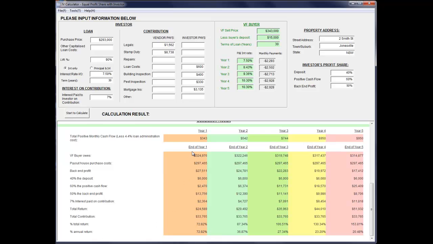You can see if they paid out at the end of year 1, the total annual return for the investor would be 72.82%. Highly unlikely that they're going to refinance at the end of year 1. More likely somewhere between the end of year 3 to maybe the end of year 4. The total percentage return at the end of year 3 is 106.51%, so it's taking them 3 years to basically double their contribution, but the annualized percentage increase is 27.34%.